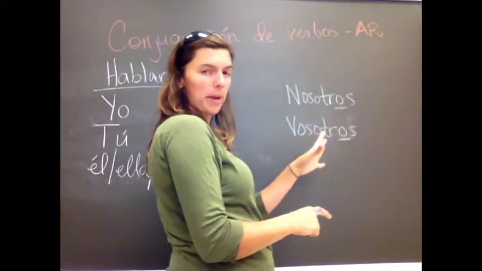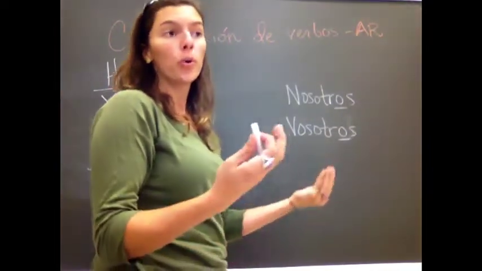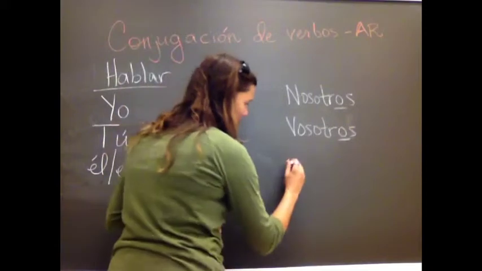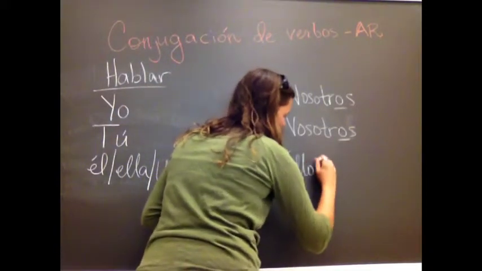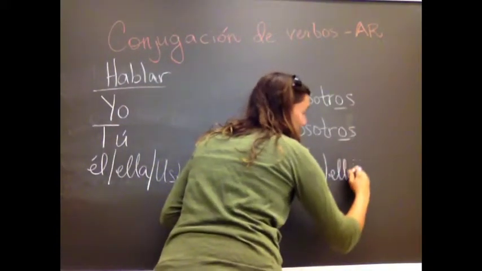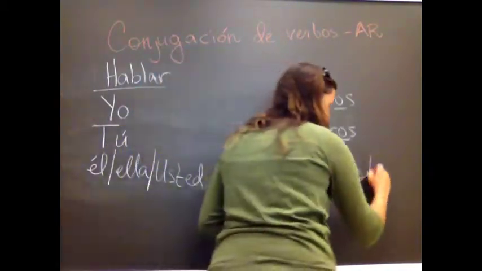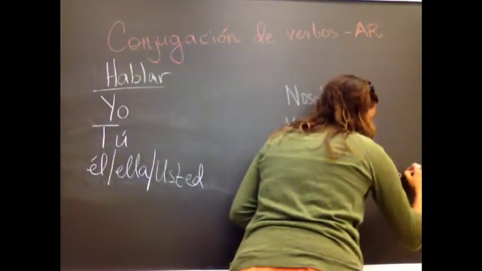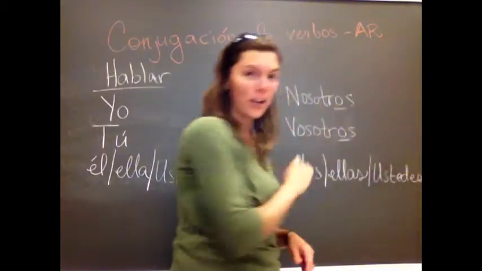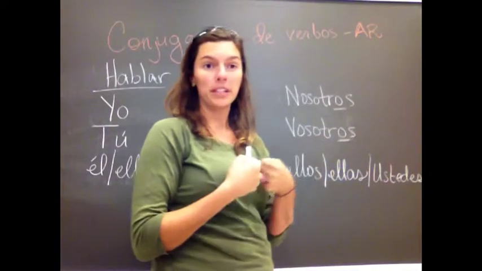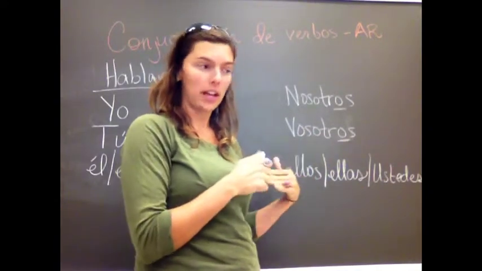But for now, we'll imagine that it's all men, or that it's a group of men and women, in which case you go with the masculine. And then we have they, ellos, or ellas. Again, depending on if it's a group of boys, girls, or boys and girls. And finally, ustedes, which means y'all. Don't forget, vosotros, ustedes, both mean y'all. One's used in Spain, one's used in Latin America.